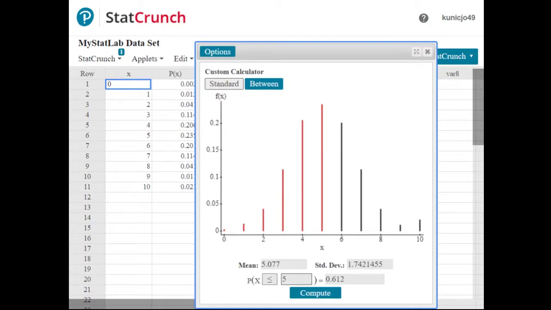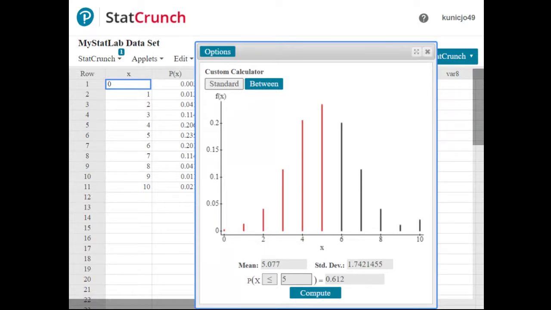So the mean is the middle. So in the middle, we have 5.077. If I add twice the standard deviation, so plus 2s will be 5.077 plus 2 times 1.742. All right, so I'm going to use a calculator.